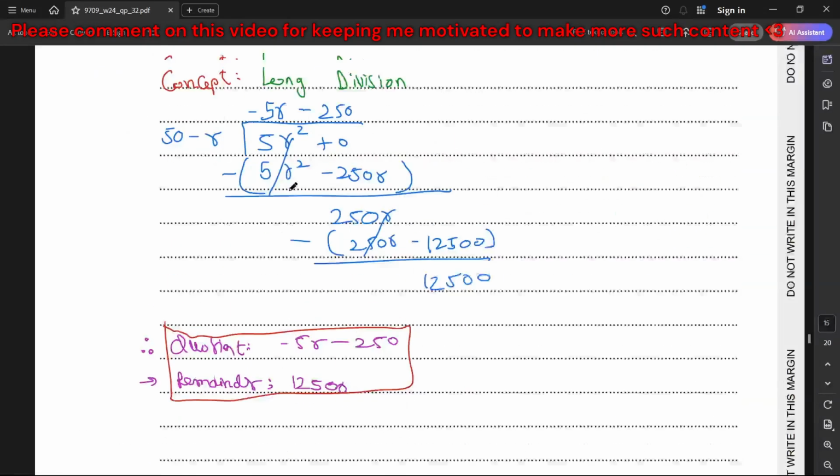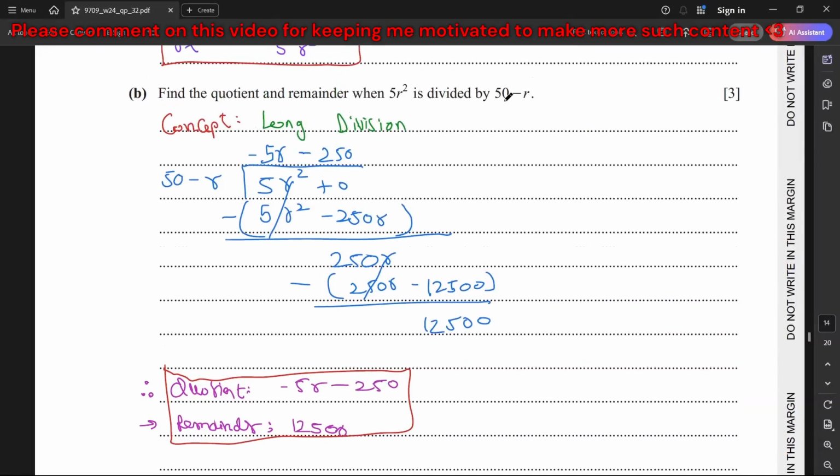So based on this, if I can relate it with the previous part, if I'm dividing 50 minus r with 5r squared, I'm going to have the quotient as minus 5r minus 250 and the remainder as 12500.